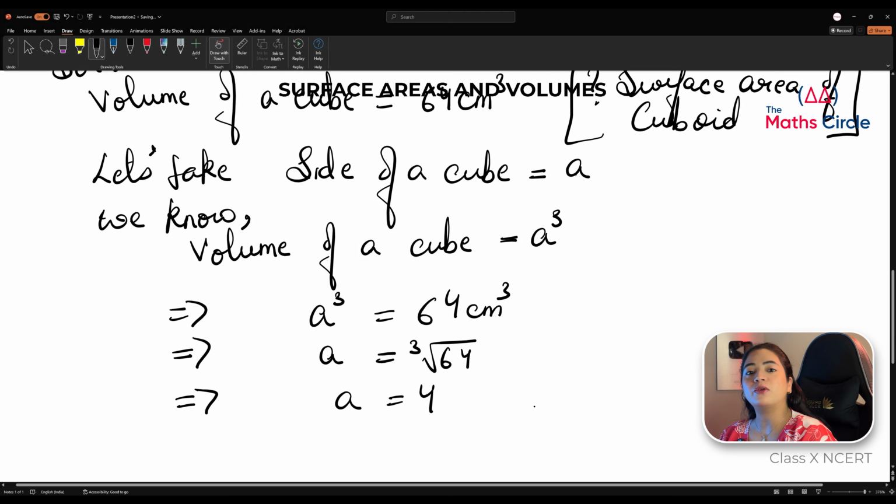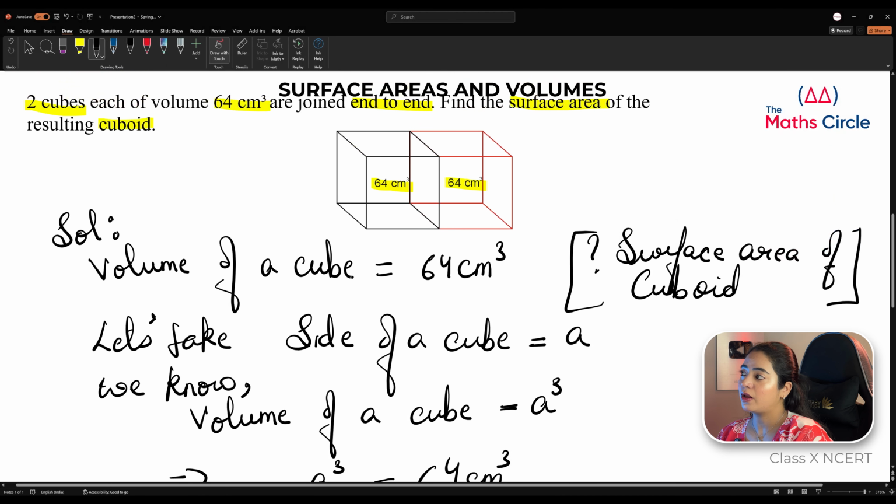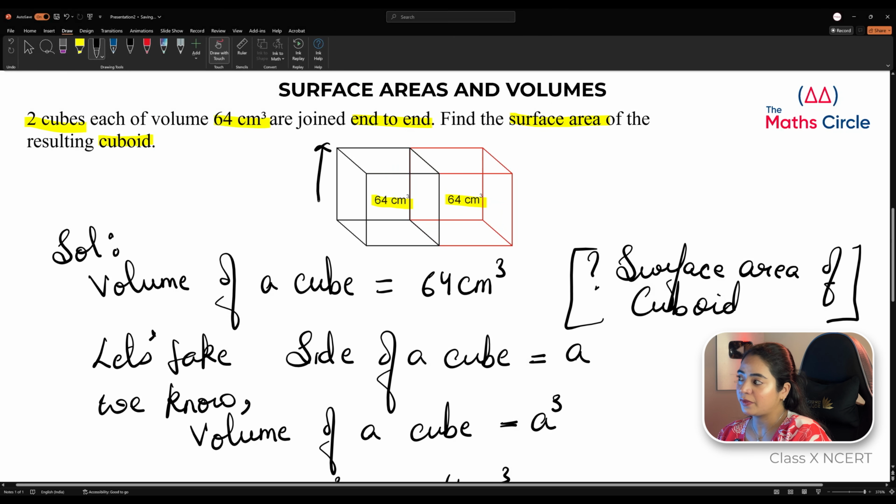If you don't know how to find the cube root of any number, you can simply watch our video on the same problem. Now, as the volume was in centimeter cube, then the length should be in centimeters. So we get the length or side of this cube equals 4 centimeter.